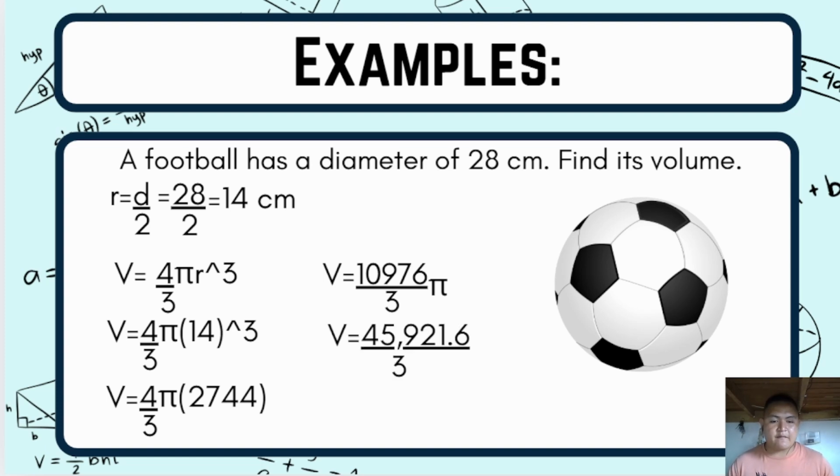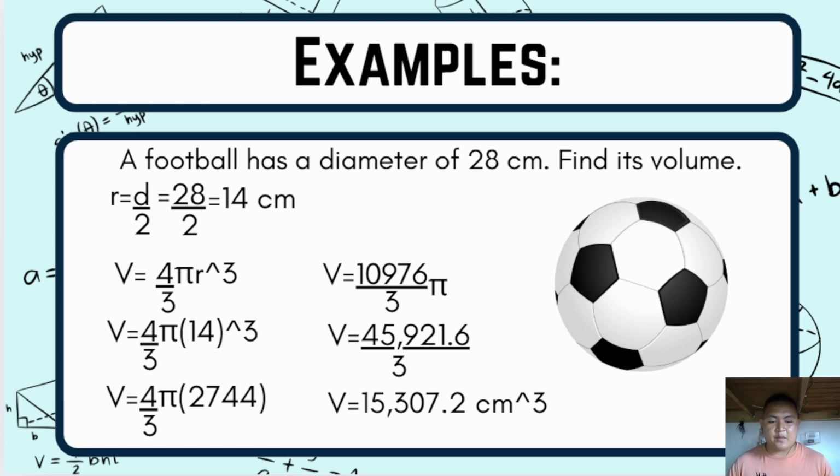So we are gonna have 45,921.6. And the last step is we are gonna divide it into 3. So our volume is 15,307.2 centimeters cubed. So that's the volume of our football that has a diameter of 28 centimeters.